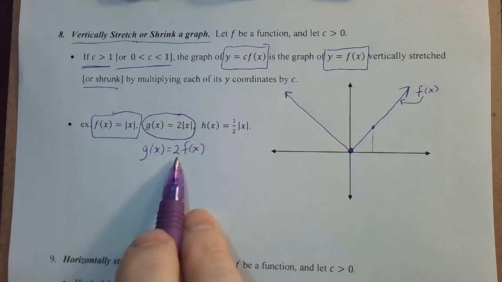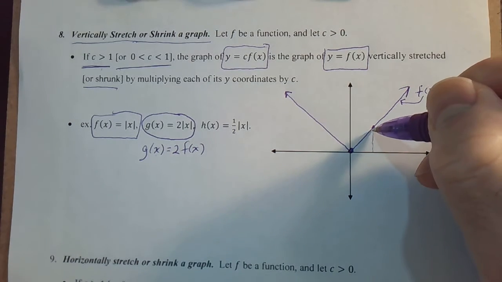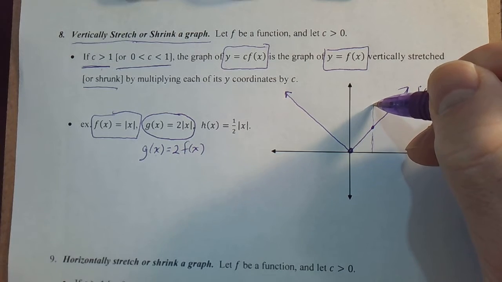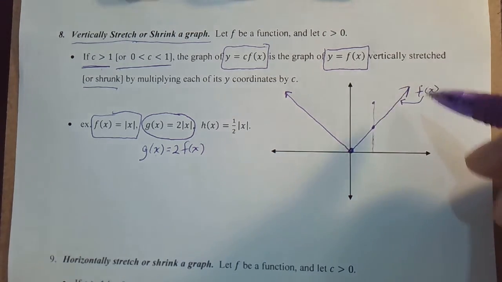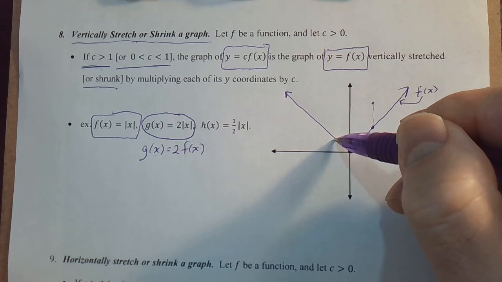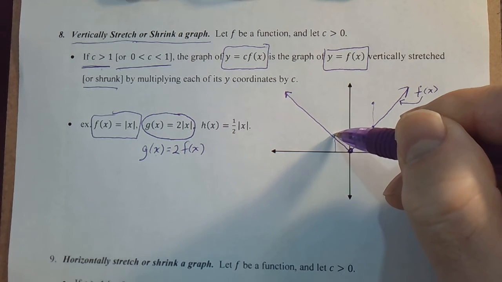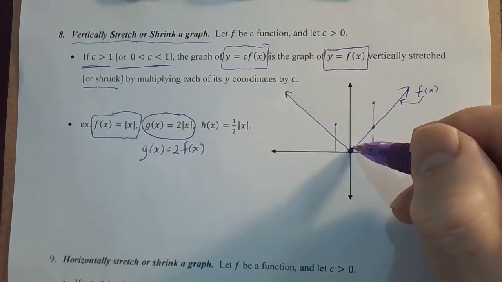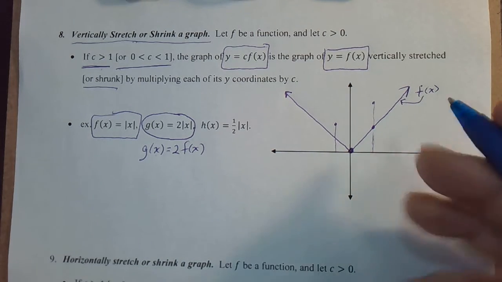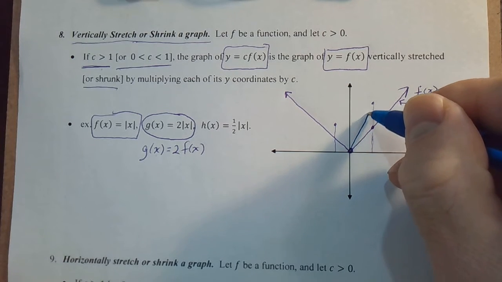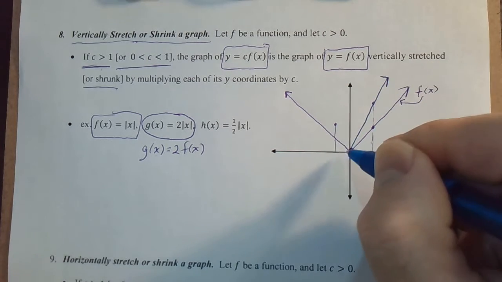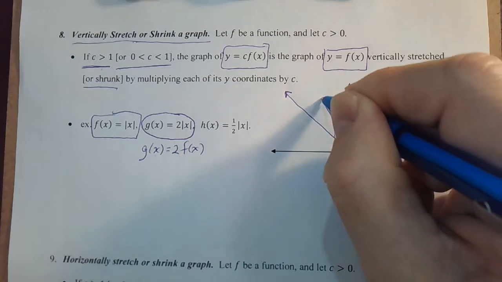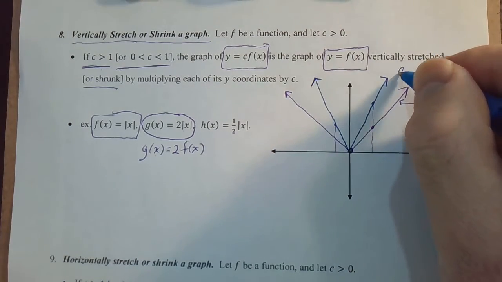On g of x, we need to double that height, 2 times that height. So whatever that is, we've got to go up that much more. And do it over here as well. You can pick any point you want, like that right there. Let me do it in a different color. This will be g of x.